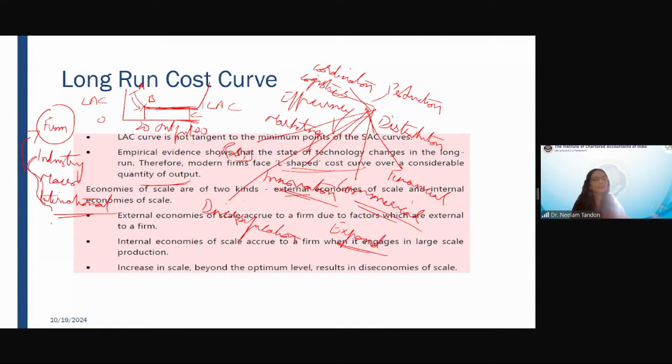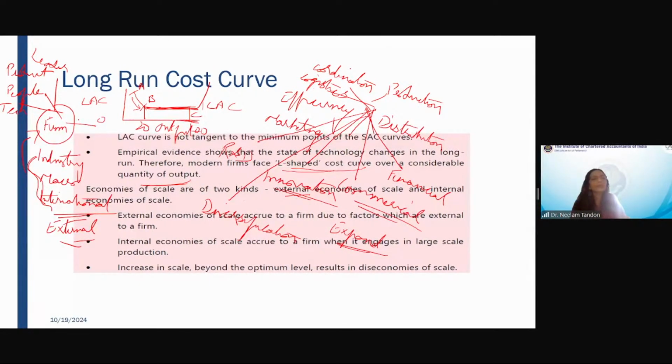These are all external and firm specific. Maybe the product they have is unique. Maybe the people who work in the organization are skilled. Maybe the technology they are using is unique. Maybe the leader of the organization knows about coordination.